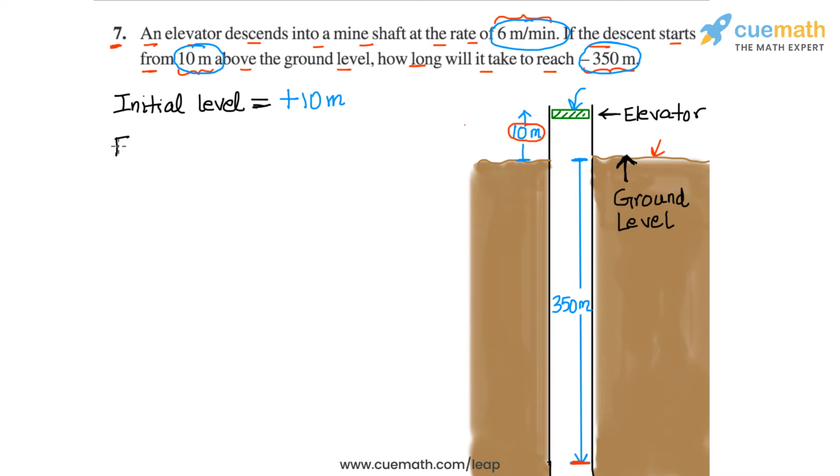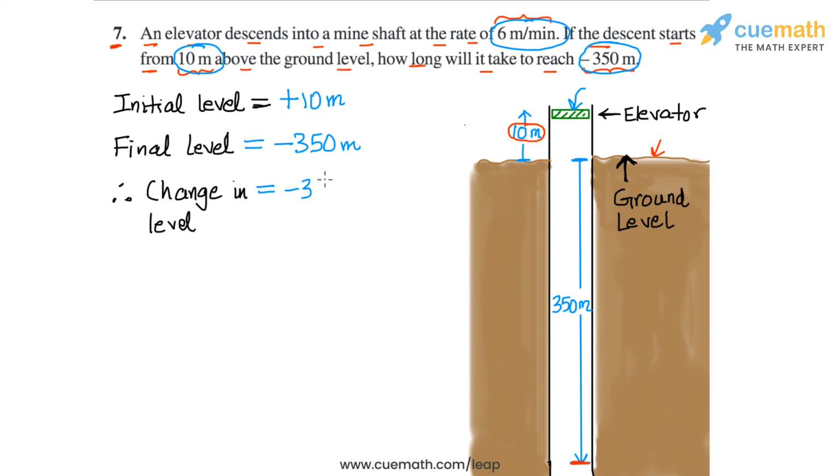What is the final level of the elevator? The final level of the elevator is 350 meters below the ground, which we can write as minus 350 meters. So what will be the change in level? From these two numbers, the change in the elevator's level from initial to final will be the final level, which is minus 350 meters, minus the initial level, which is 10 meters.